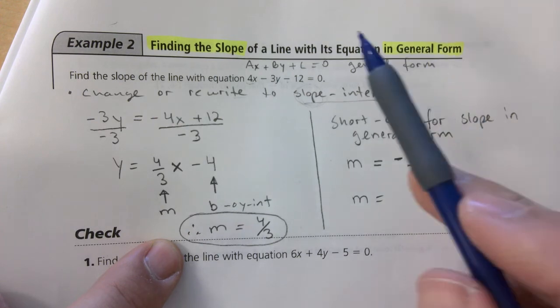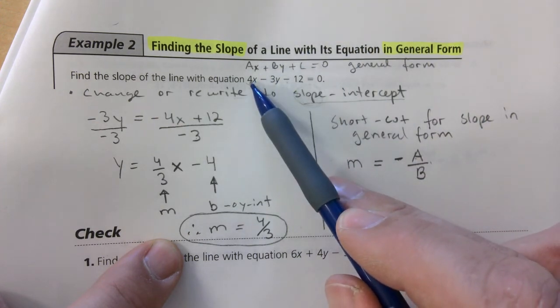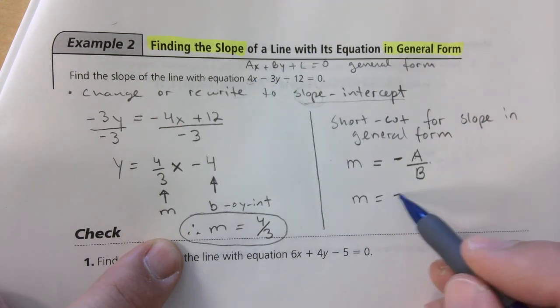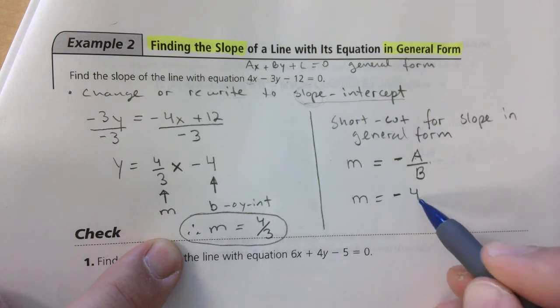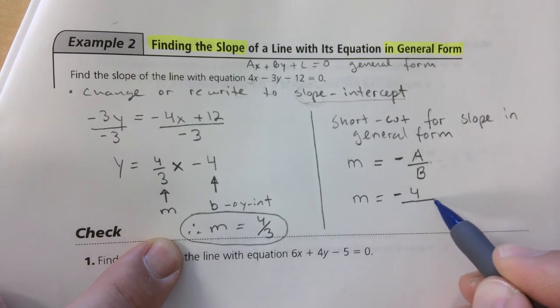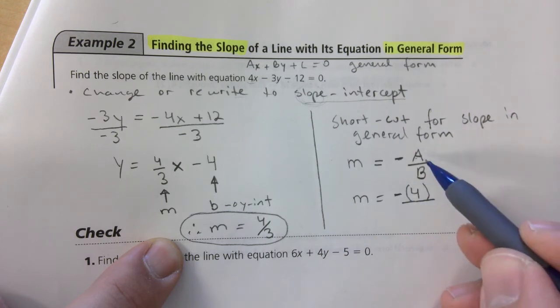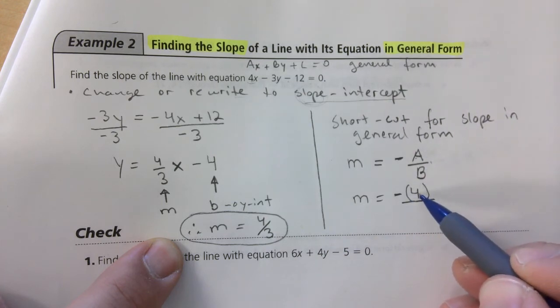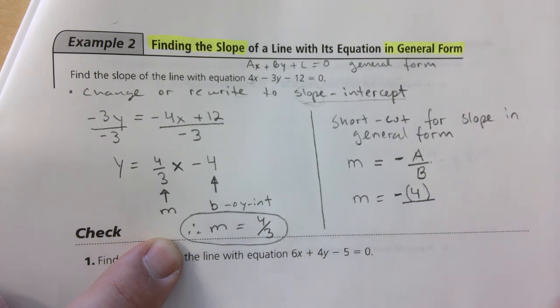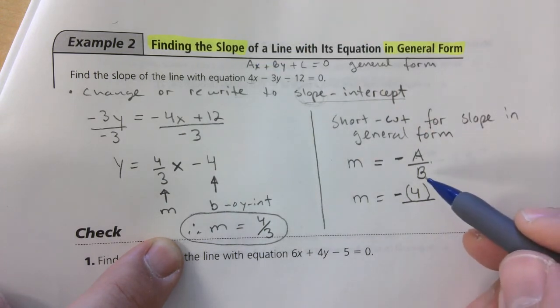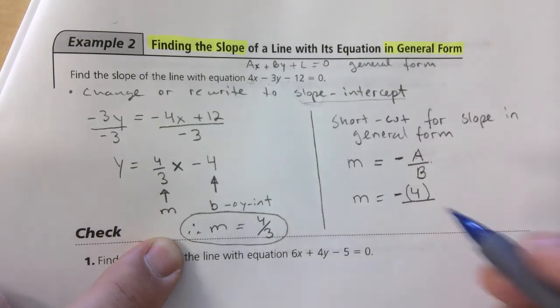You go back to the original, you grab a. A is 4, so you don't have to worry about a double negative. Over, how about we do brackets? Because we technically substitute the value of a into here. It could have been negative, in this case it isn't. And think about it, general form should not have a negative a value, but just in case. B is -3.